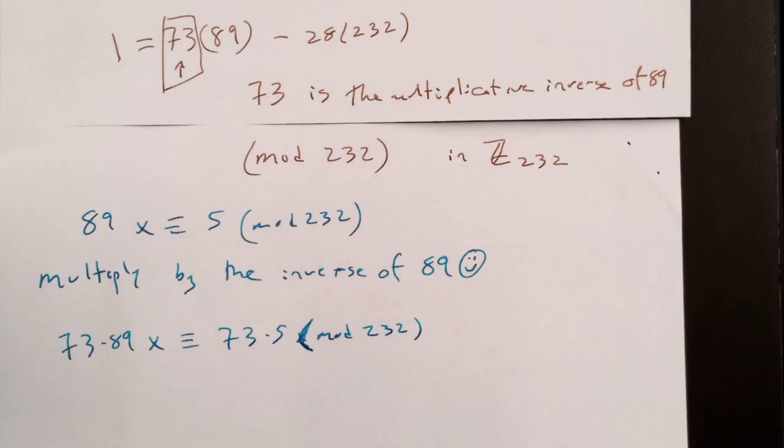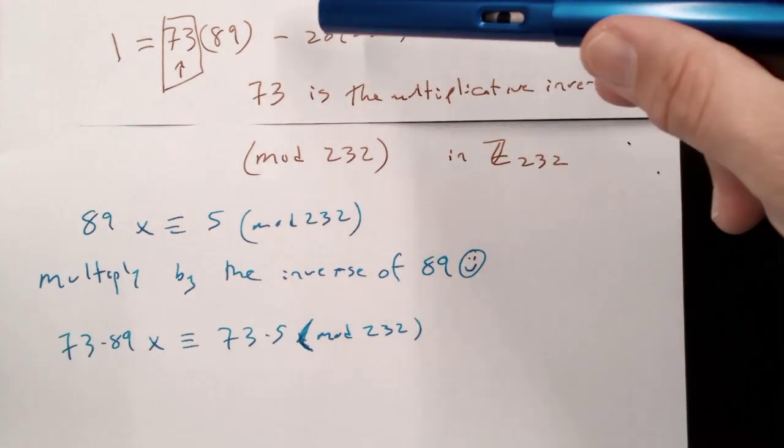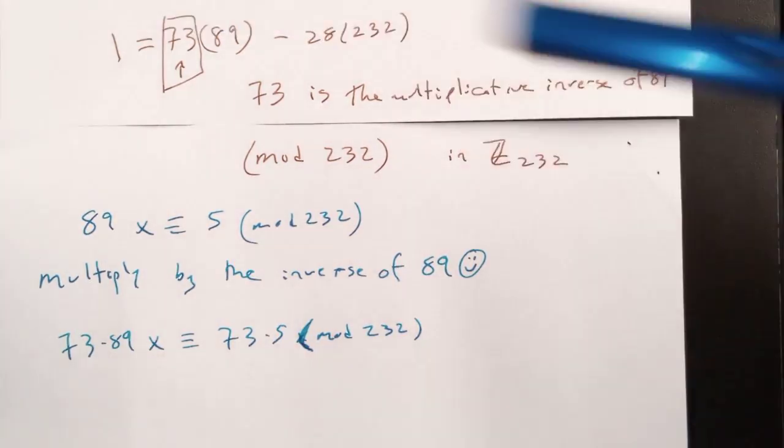Since I am working mod 232, the left side becomes 1. Because it's negative 28 232s with 1 left over.